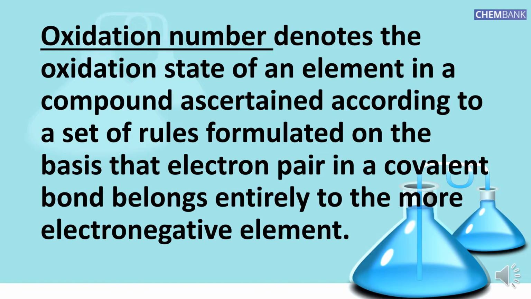Let us take an example, HCl, where there is a covalent bond. When we want to determine the oxidation number, we give +1 to hydrogen and -1 to chlorine, because chlorine is more electronegative than hydrogen.